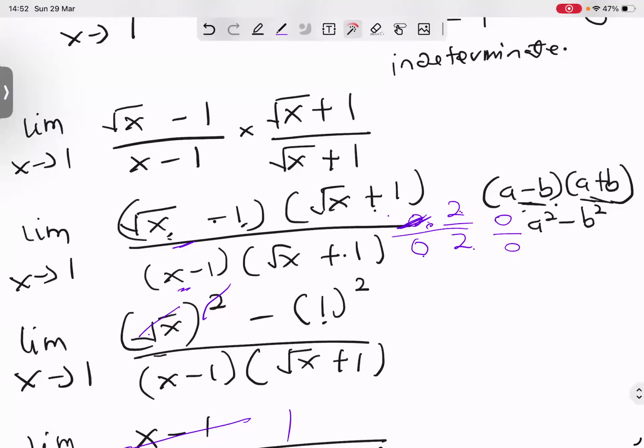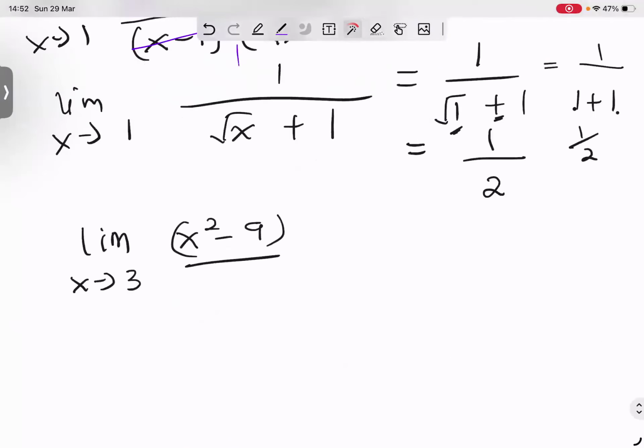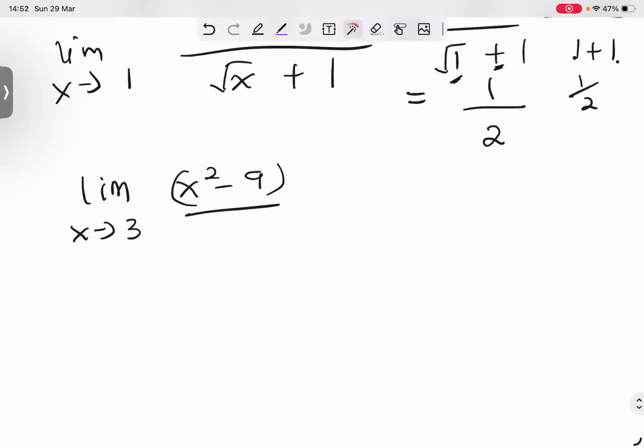Can you please give me a further explanation on when we need to rationalize limit functions like what we saw? Yes, we need to rationalize when you have surds, and when you have polynomials. What if the numerator is a radical?